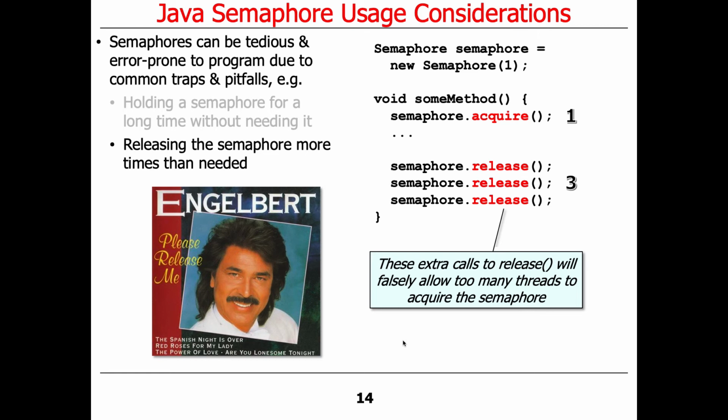And these extra calls to release will allow the count to go much higher than perhaps we intended. Notice it started out here with a count of 1, and now it's a count of 3 after we call release multiple times. Actually, I think it's a count of 2. Yeah, it's a count of 2. And as a consequence, we have the semaphore in some bizarre state. So we don't want to do that.